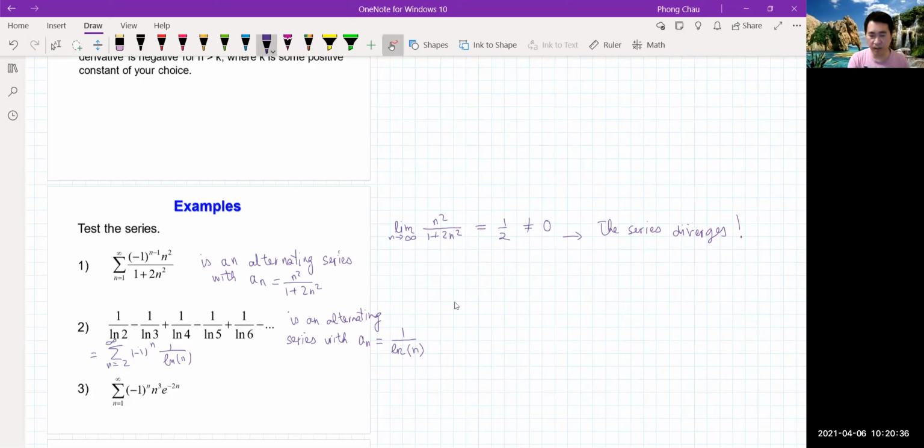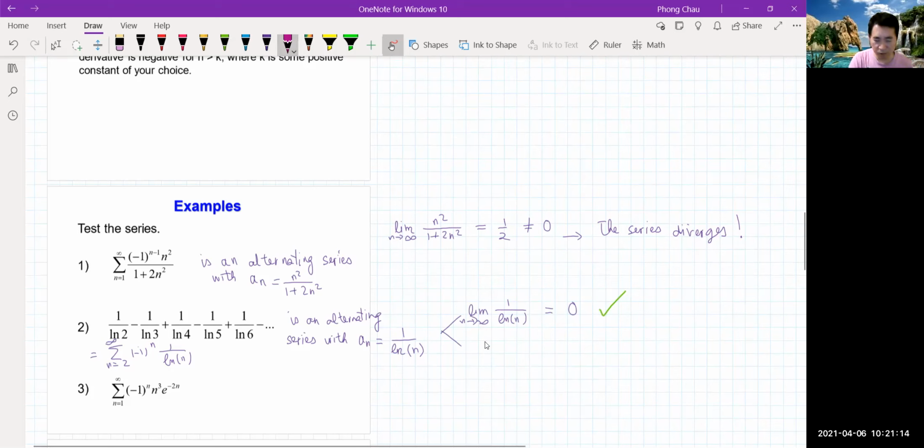Now, once you identify that, we will check the 2 conditions again. The first condition: what's the limit of 1 over natural log of n as n approaches infinity? Is that equal to 0? Yes. How do I know? Because n is in the denominator, and as n approaches infinity the denominator gets larger and larger while the numerator stays the same, so it must approach 0.